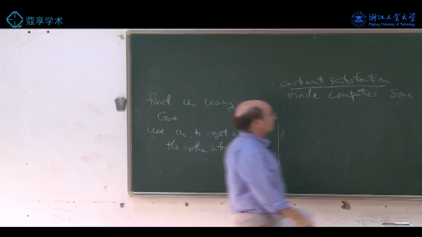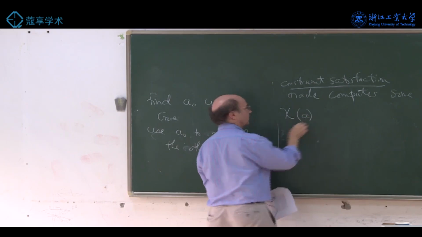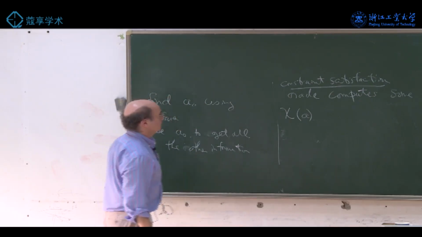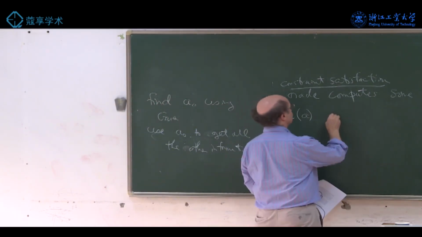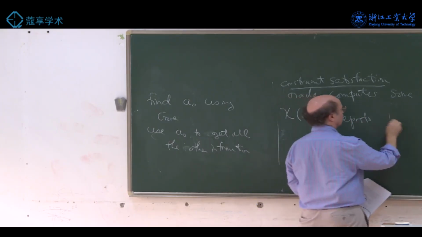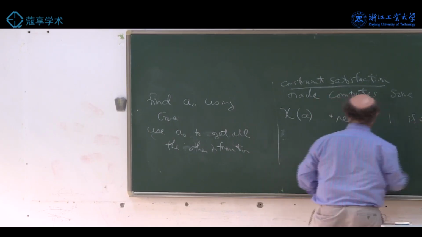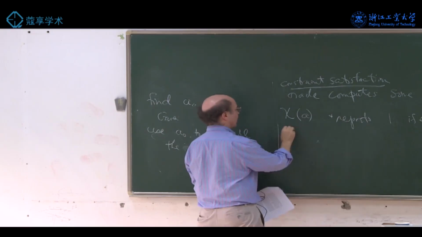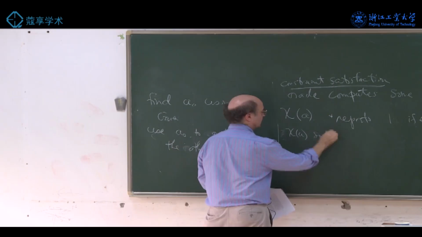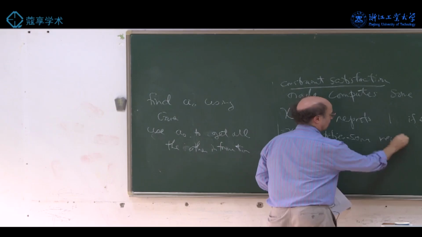When the oracle computes some function, chi of A, given A, and reports 1 if and only if chi of A satisfies some constraint, or some requirement.